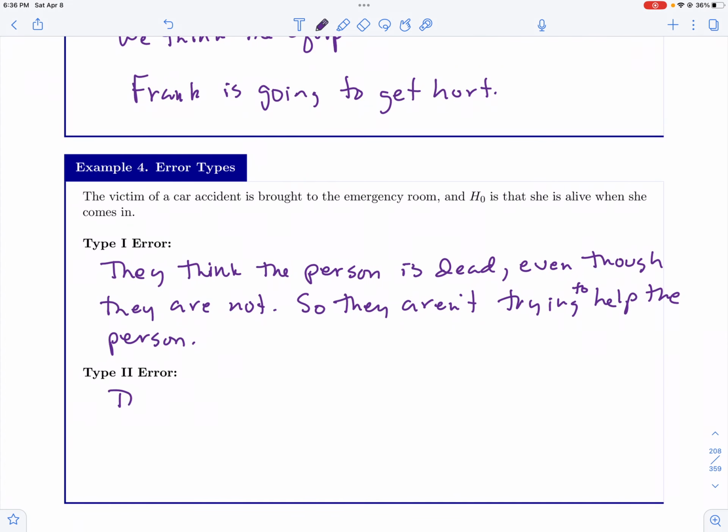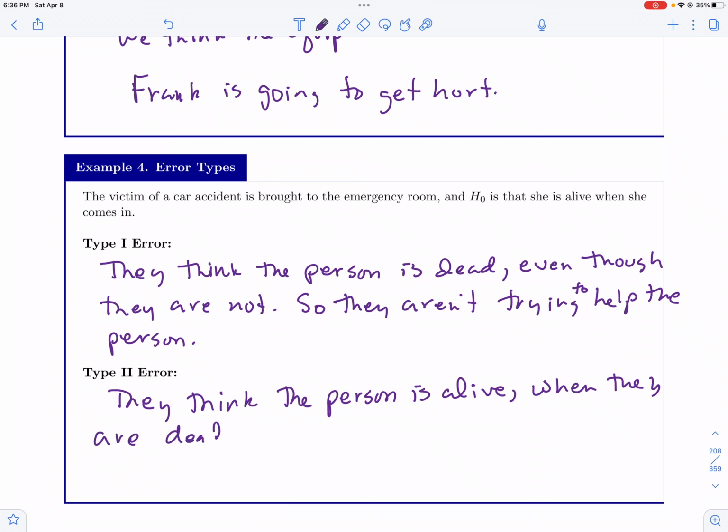So they're doing all kinds of things to try to save this person when there's probably not going to be any luck reviving them anyway.